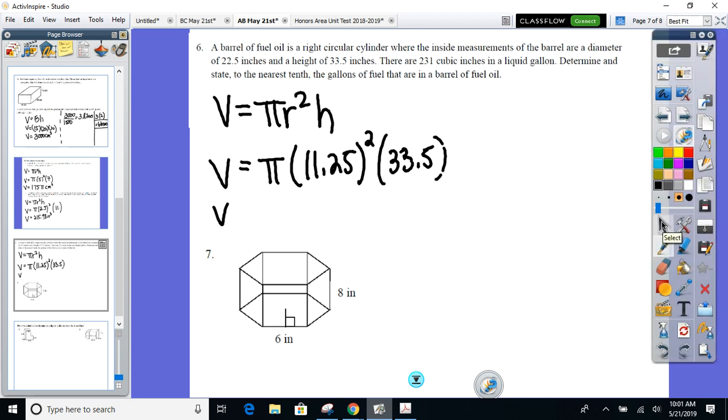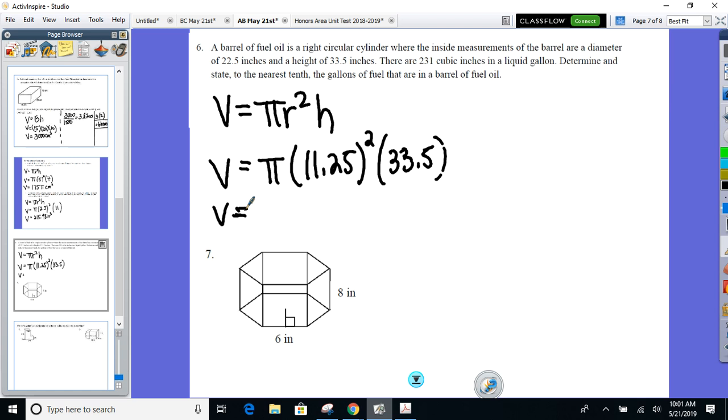So I'm going to write out the entire volume from my calculator. Just make sure we match up here. Okay, everyone ready? That's how many cubic inches I have.